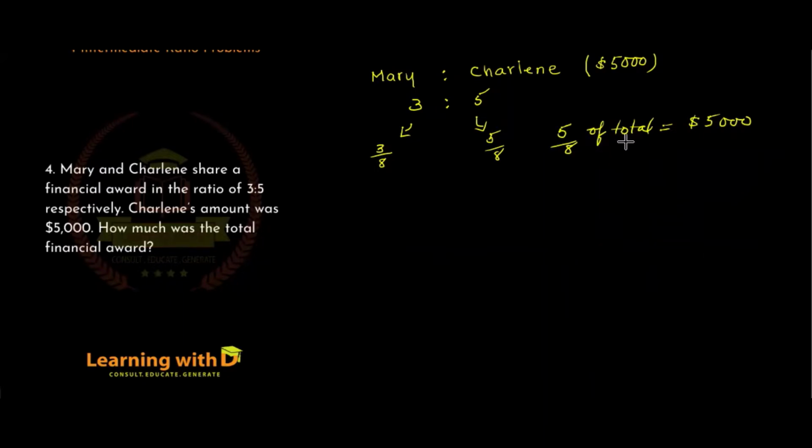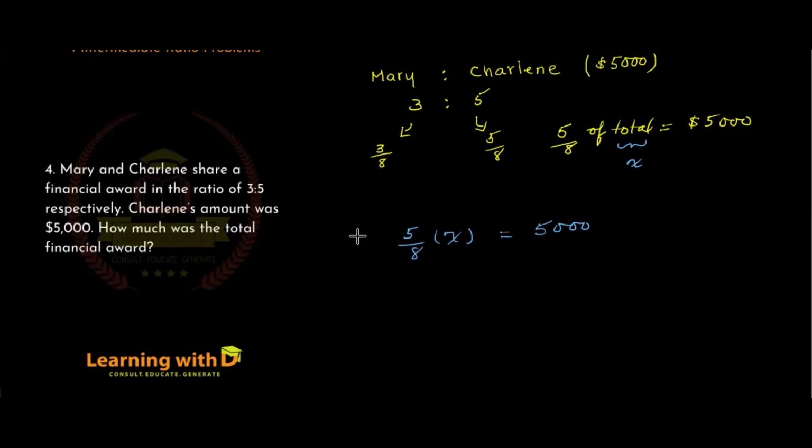Let's call the total x. Let this be represented by x. We don't know what that is, and that's what we want to find. So 5/8 multiplied by x is equal to 5,000. That's what we know. When we're dealing with fractions, there's an easy way to get rid of the fraction, right?